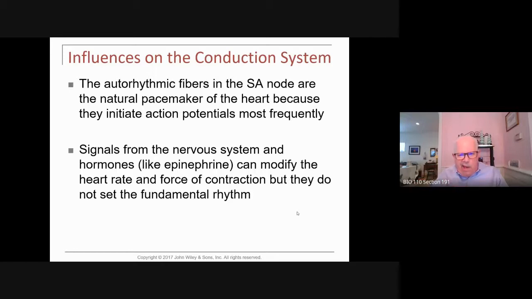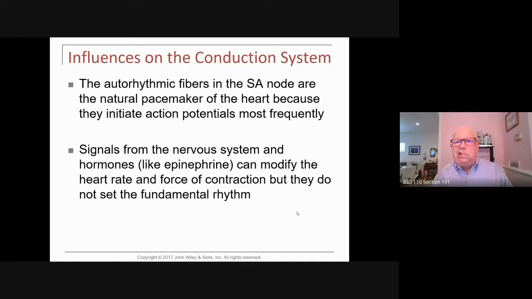The pacemaker of the heart is the SA node. It can be affected by outside stimuli. Okay? If you're scared, your SA node will beat faster because of epinephrine.